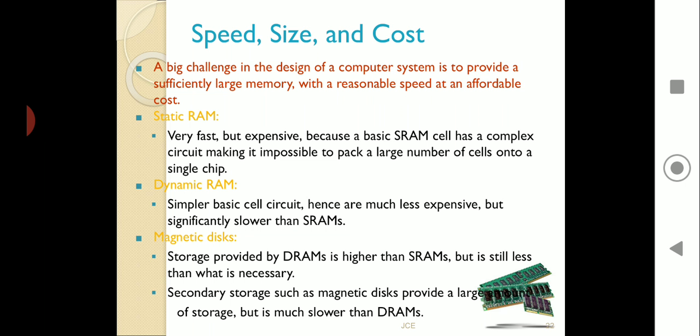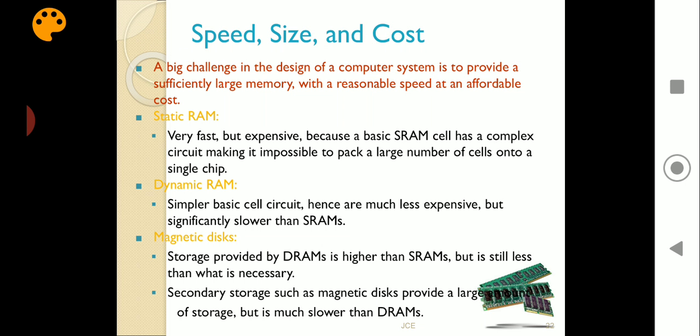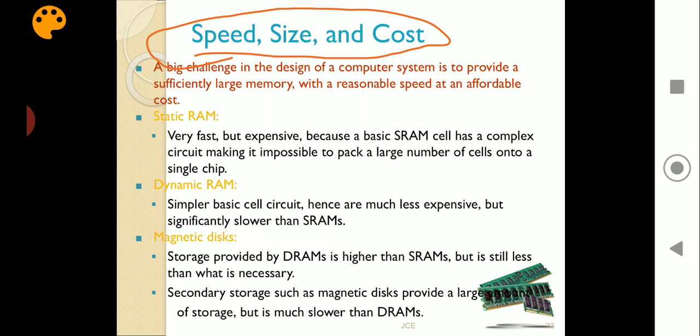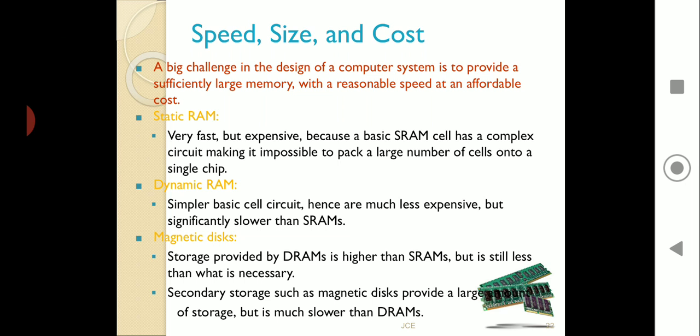Now let us move to the next thing. Now one major thing when we speak of any of the memories is these things, that is speed, size, and cost. You can see here speed, size, and cost. These matter a lot. Okay, so any company which is into the business of this memory management, the major challenge which it has to undergo is to overcome these three trade-offs.